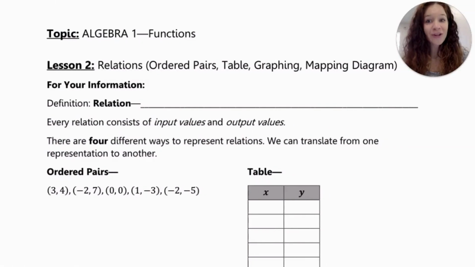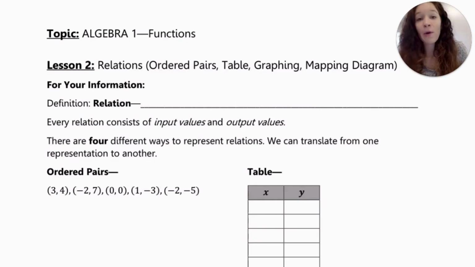Let's get started talking about relations. This is going to set the tone for this entire topic here. So what is a relation? The most basic way I think of a relation is it's literally what it says, a relation between two things. I like to think of it as a mapping of an input, something that you're inputting.